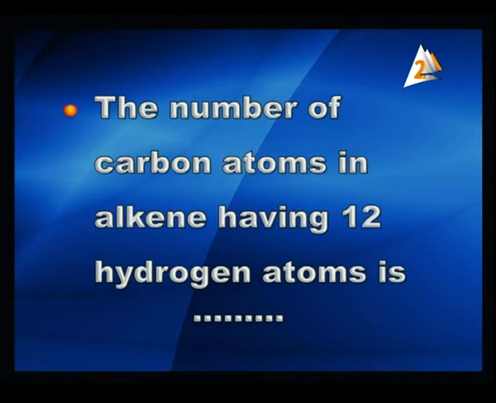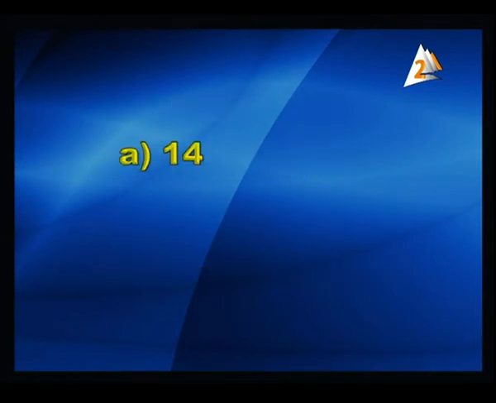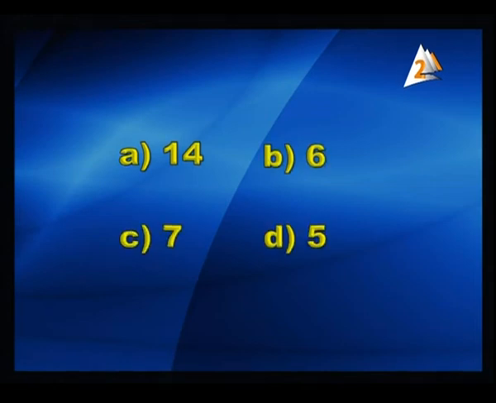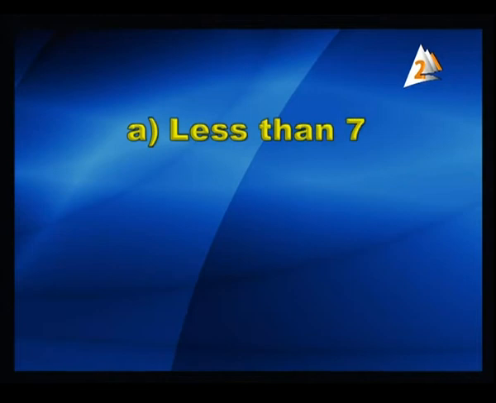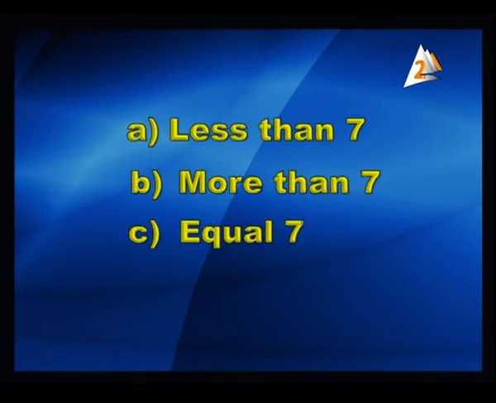Next one. The number of carbon atoms in an alkene having 12 hydrogen atoms is what? Is it 14, 6, 7, 5? If you think about the answer, yes, it will be 6. Next point. The pH for sodium acetate is equal to, less than 7, more than 7, equal 7, or equal 3.